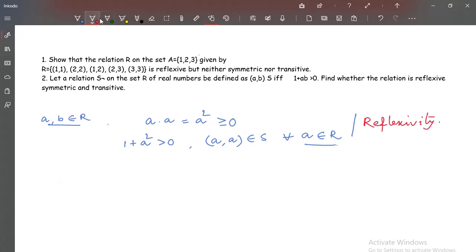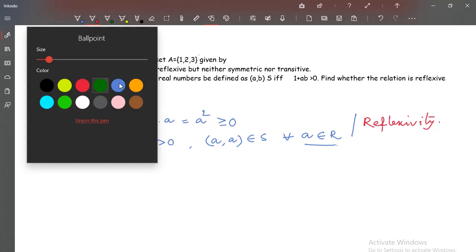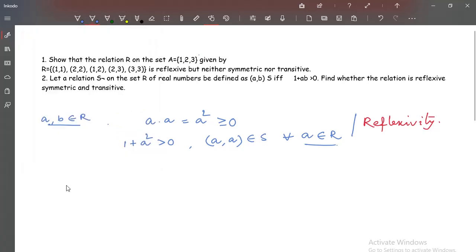Now for symmetricity, (A, B) belongs to R, which means they are real numbers. Now let (A, B) belong to S, A and B are related.